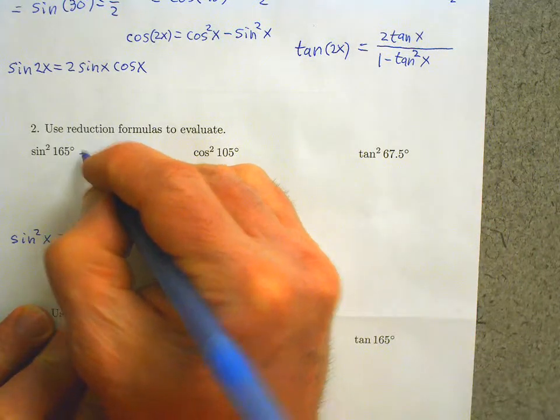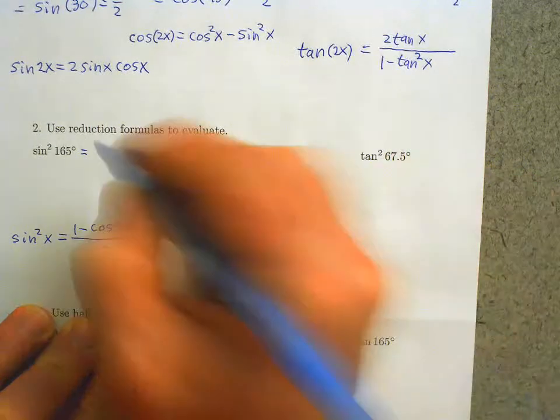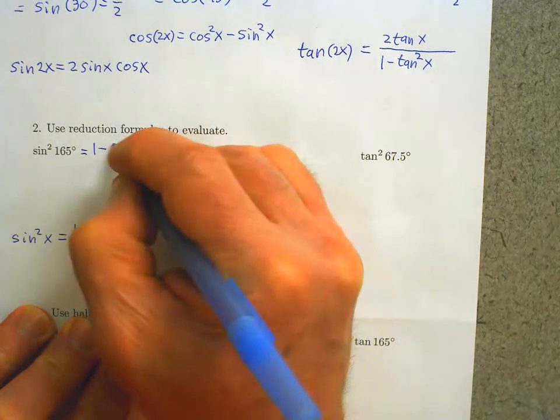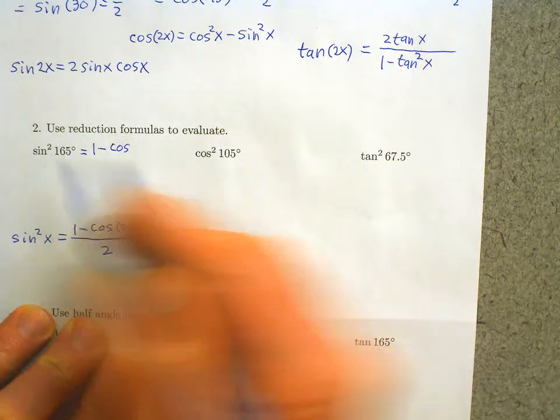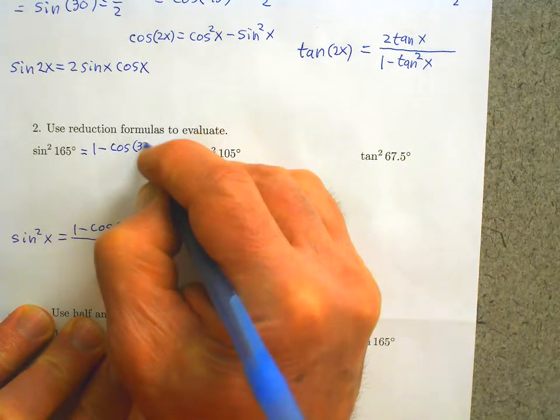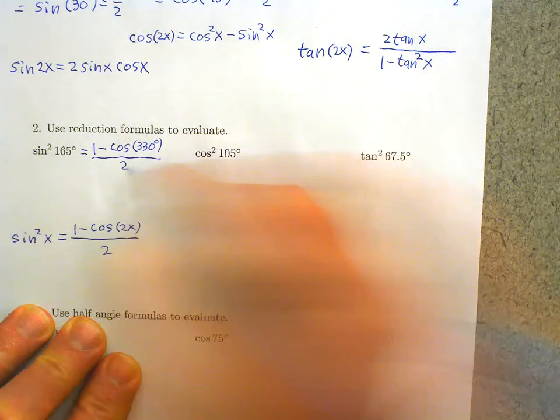So this becomes sine of 165 degrees squared. That's 1 minus cosine of 2 times 165 degrees, which is 330 degrees, over 2.